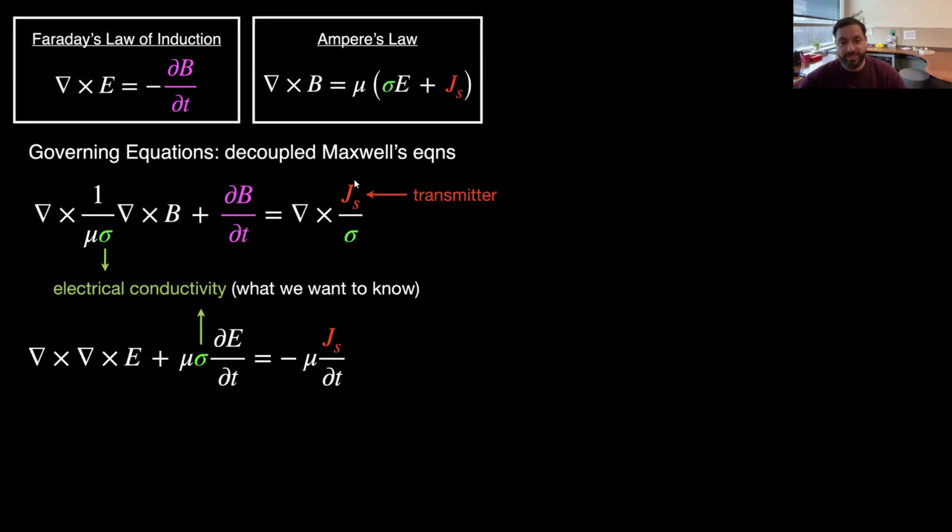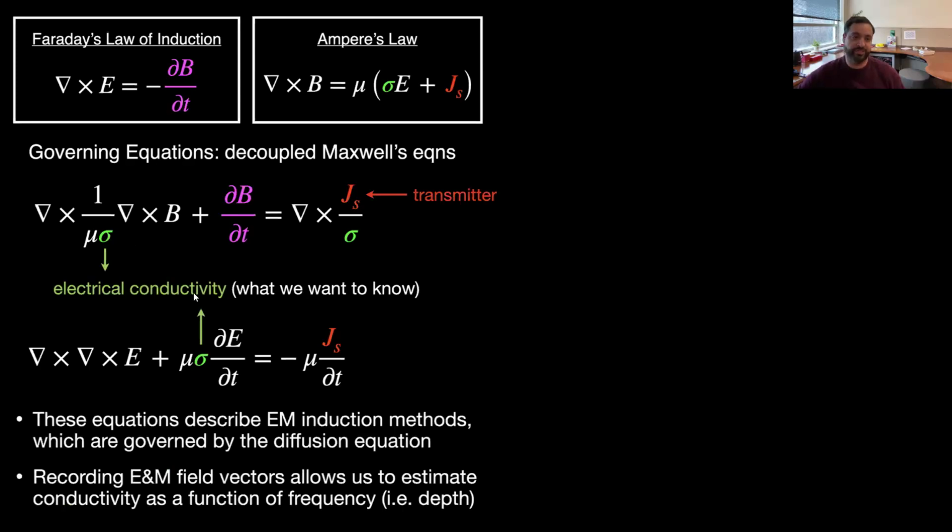In addition to that, we can ourselves generate a man-made source of electric current, which is signified by this J_S. So this could be our transmitter, for example. So we can do both passive imaging that relies on time-varying magnetic fields for the current source, or we can generate currents ourselves with some type of transmitter. And ultimately, we're constraining this sigma variable here to get at the electrical conductivity.